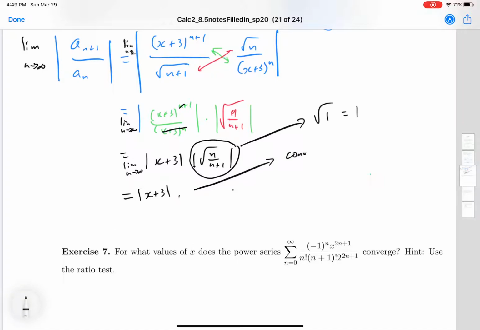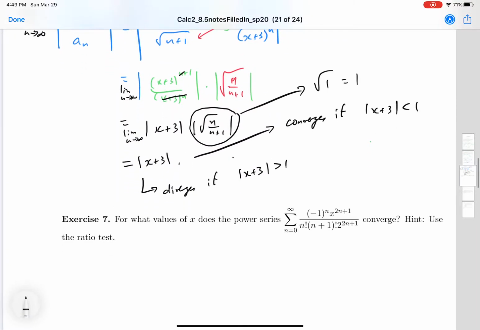So it converges if the absolute value of x plus 3 is less than 1, and it diverges if the absolute value of x plus 3 is greater than 1. And there's a nice way to rewrite this.